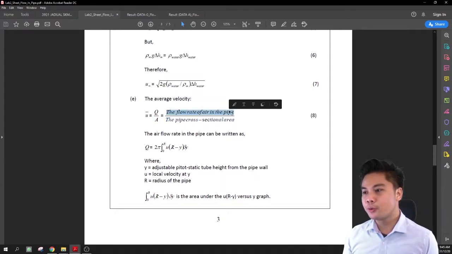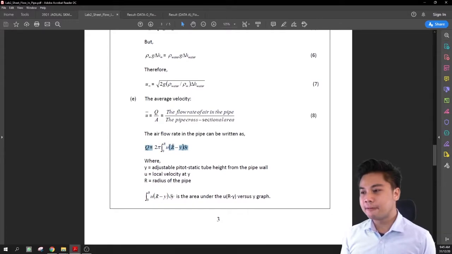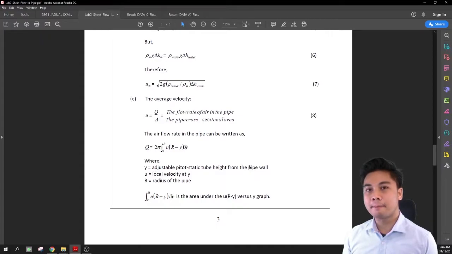However, for the Q, based on this definition, the flow rate equals 2 pi times the integration from 0 to R of U multiplied with R minus y, dy, where y is the adjustable pitot static tube height from the pipe wall, U is the local velocity with respect to y, and R is the total radius of the pipe.